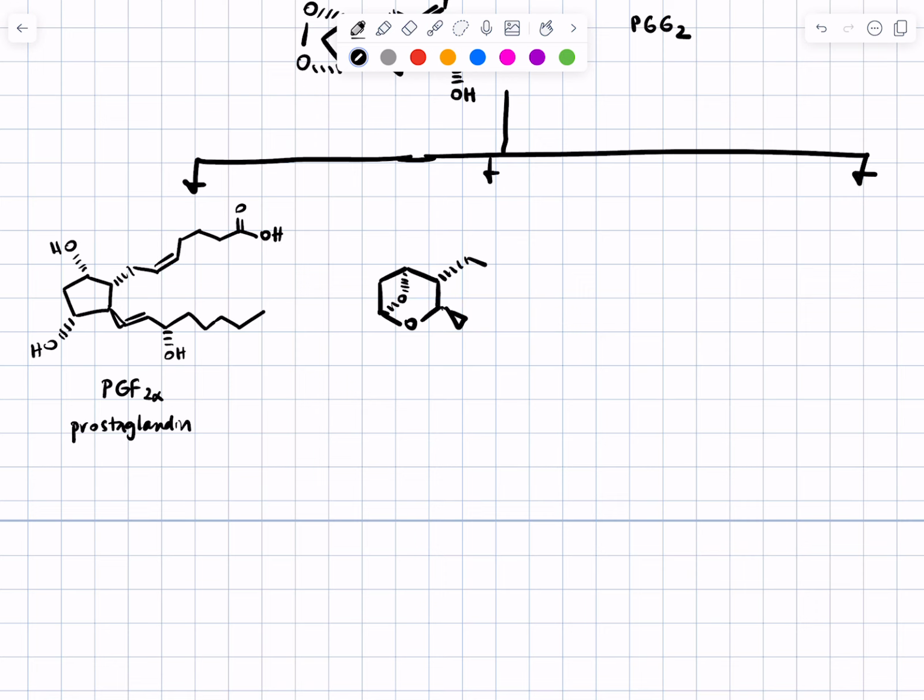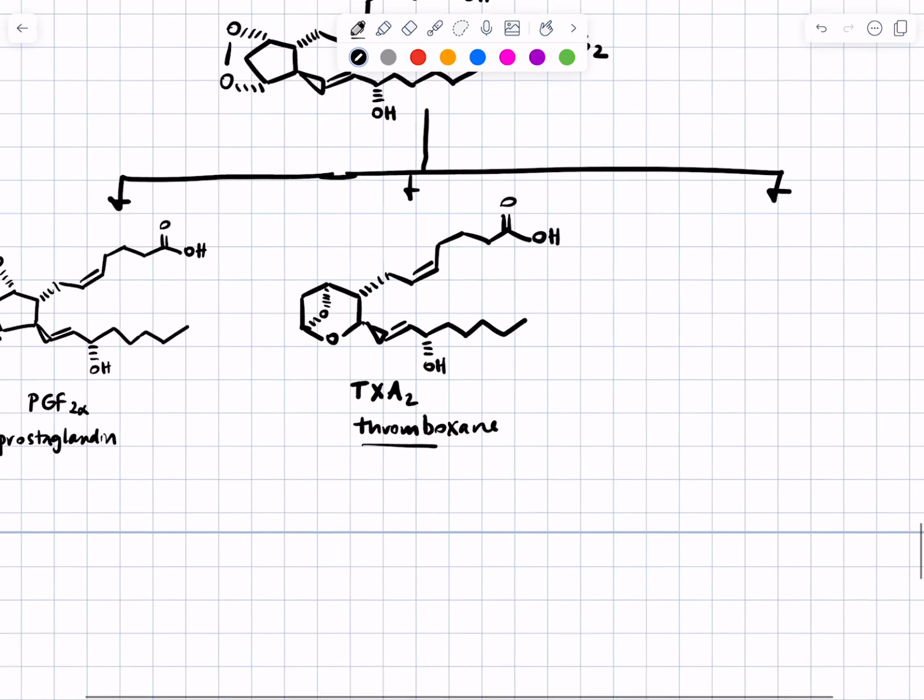Other than that, the structure is pretty similar, but that small change in structure has a fairly dramatic impact in activity. So this is a thromboxane called TXA2. The TX in thromboxane tells you this is going to have to do with blood coagulation.